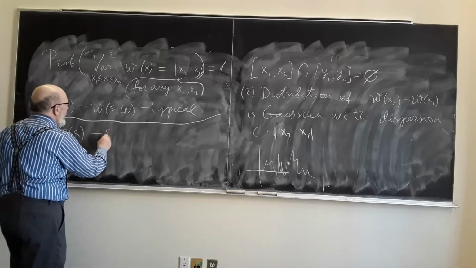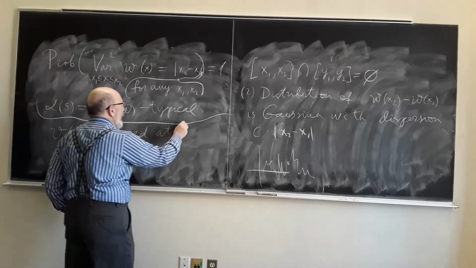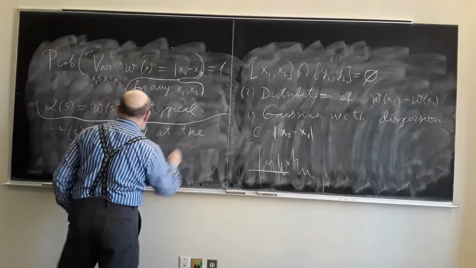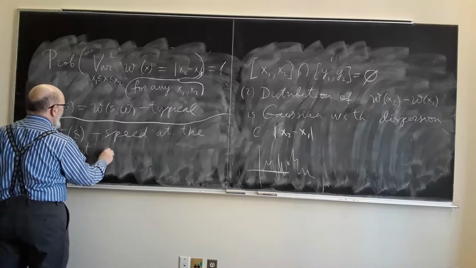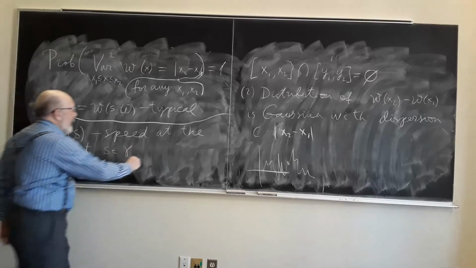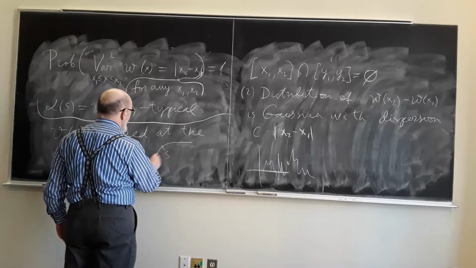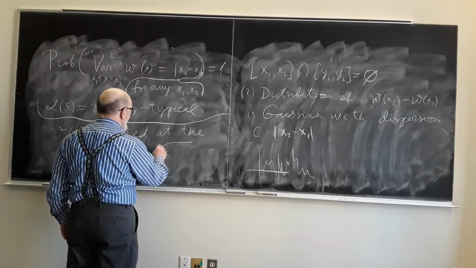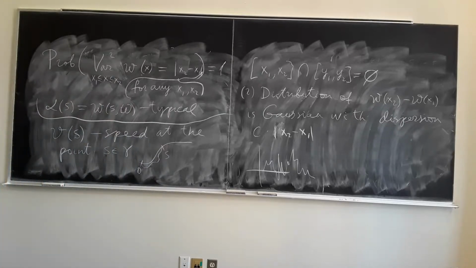It is speed at the point s. S is the distance along the curve. So it's a natural parameter or natural coordinate along the curve.